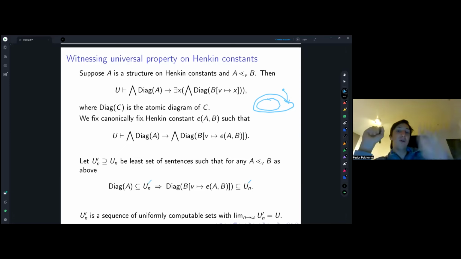That is, the diagram of this canonical collapse of the extension of A is also a subset of UN prime.